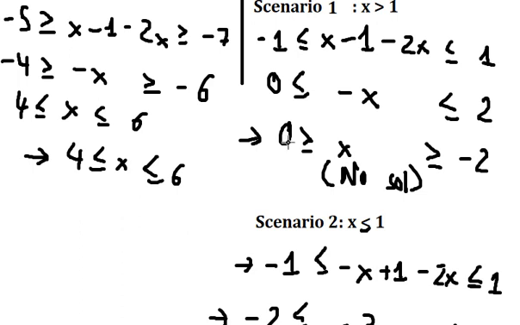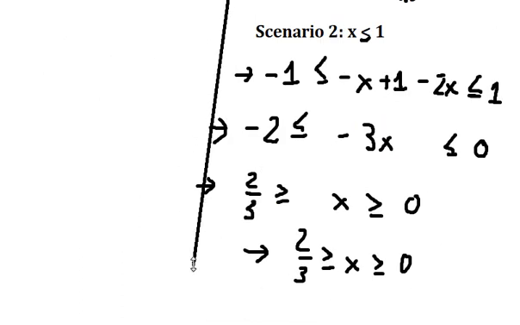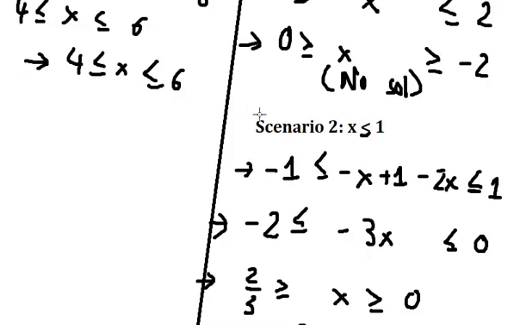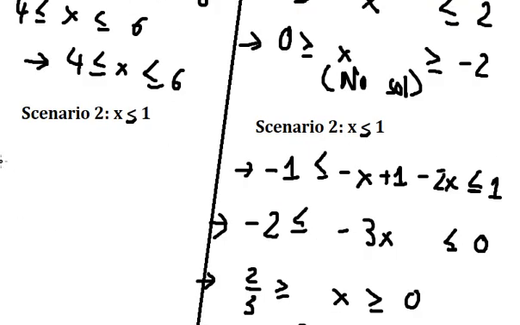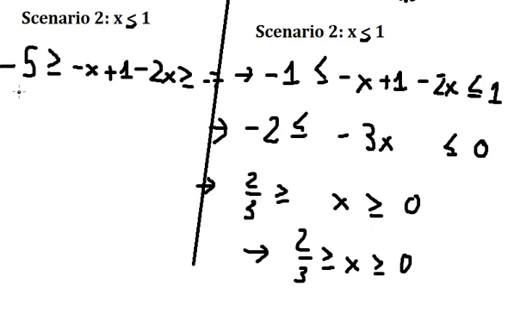Now let's go to scenario number 2. That is about this one. So when we cancel the absolute value, we have negative s plus 1. So we put number 1 go to the left, go to the right.